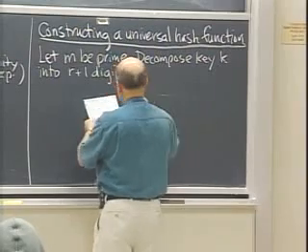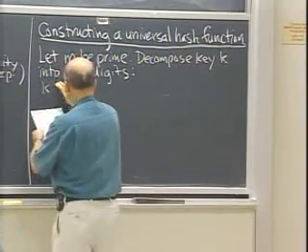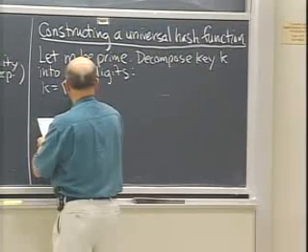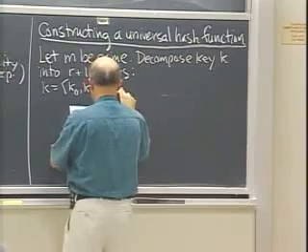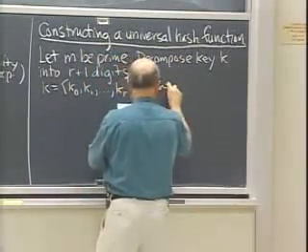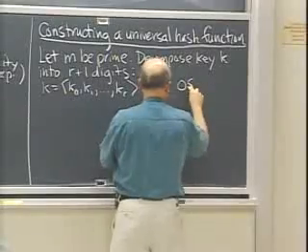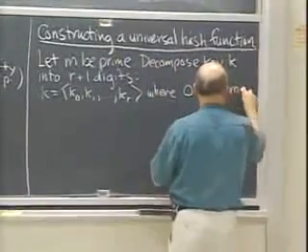So k, we're going to look at as being k0, k1, through kr, where 0 is less than or equal to k sub i is less than or equal to m minus 1.